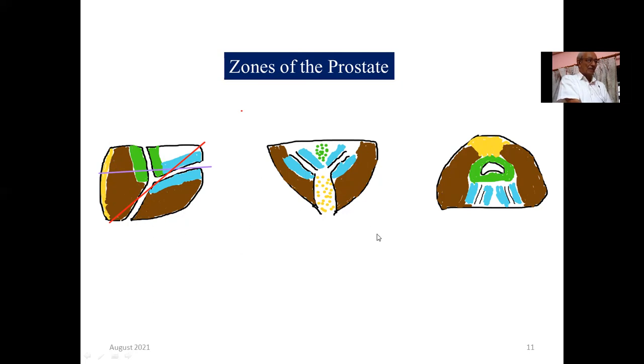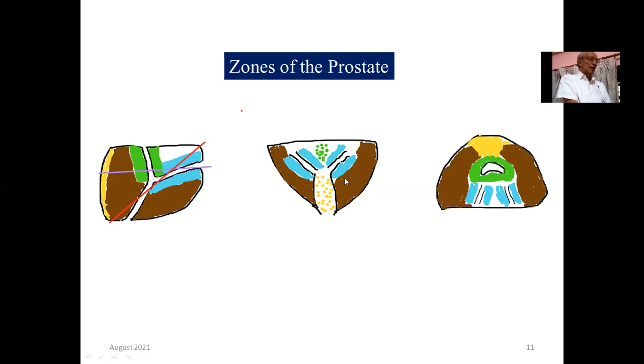And here I have not drawn the peripheral zone at the back, but as the ejaculatory ducts run forward, downward and medially on their way to the prostatic urethra, when they are very near the urethra, a very big gap is left behind them, and that will be filled up by this brown peripheral zone.